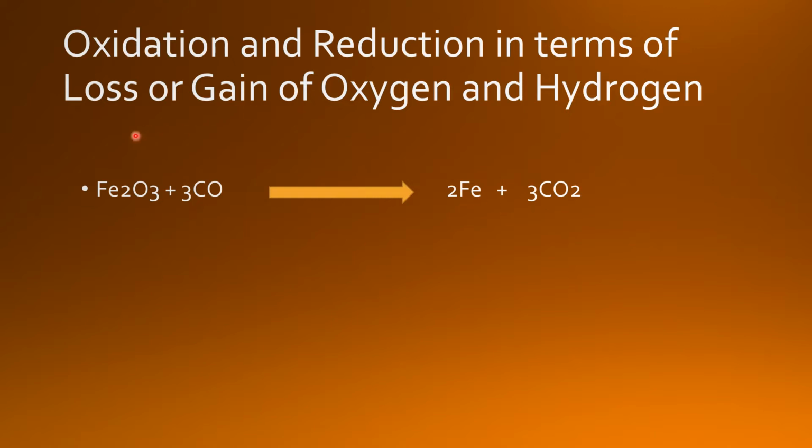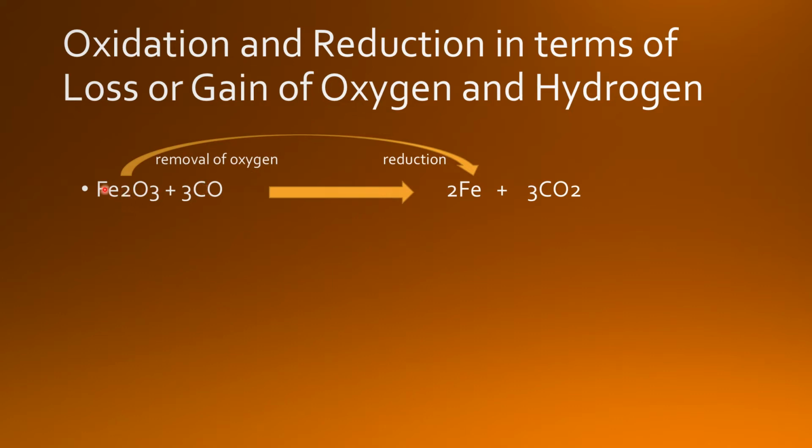Here we can see that in ferric oxide, oxygen is combined with the iron, but in the product the iron is without oxygen. So oxygen is removed from the iron oxide and it changes into iron. So removal of oxygen is taking place here.